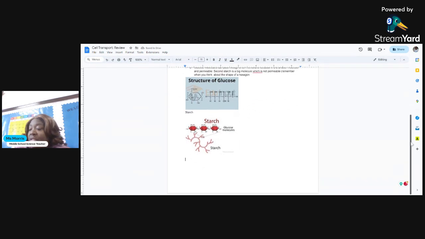All right, moving on to number three. Number three, they said the diagram below represents a laboratory experiment involving sucrose and water molecules in a cellophane bag, which functions the same way as the dialysis tubing. And they want to know which statement correctly explains the rise of the liquid in the tube at the end of the experiment.